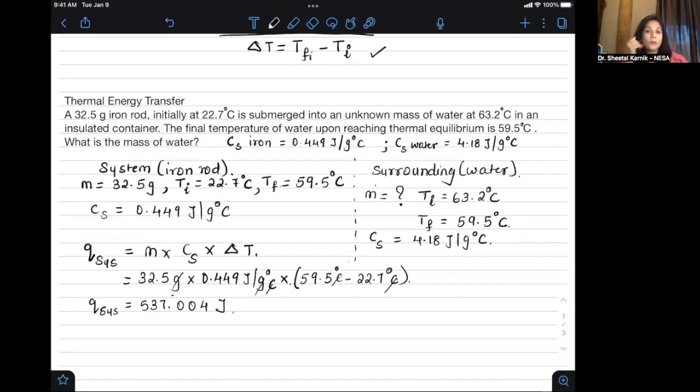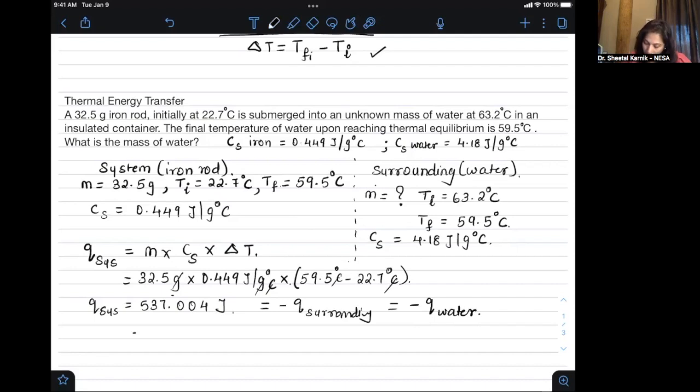Now that I know the Q of the system, I also know that this is related to the amount of heat taken in by the surroundings. So Q of the system is equal to negative Q of the surrounding, which is equal to negative Q of water.